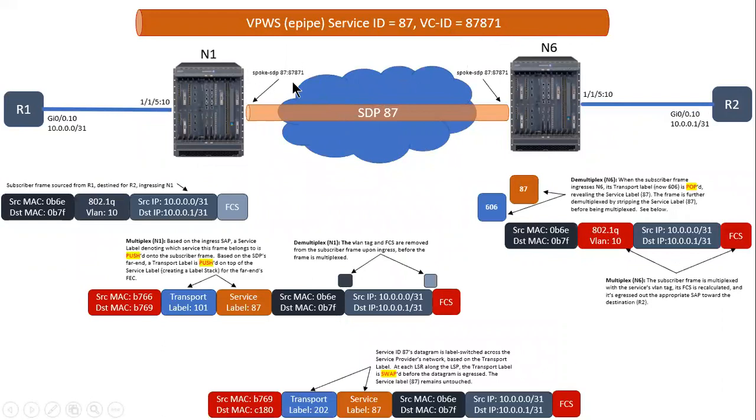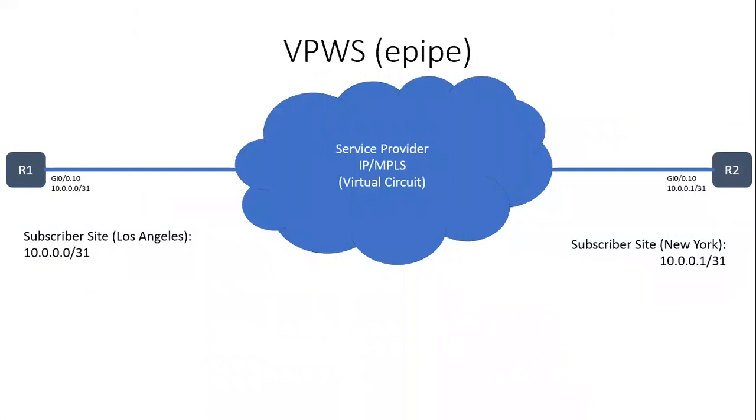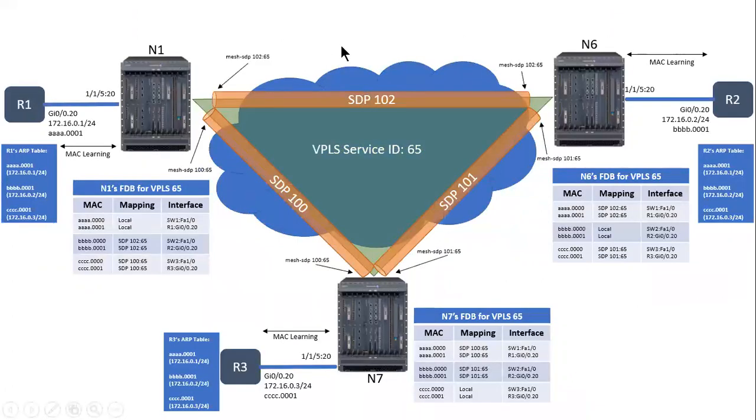This configuration of the spoke SDP on each side is what establishes our pseudo wire. And once our pseudo wire is established, our service labels are then signaled. So it works the same way in a VPLS, except instead of having spokes, we've configured meshes or mesh SDPs.